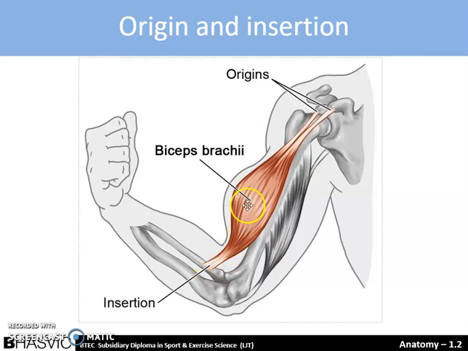So this point is where the muscle moves. The origin up here, the two heads of the biceps brachii, are the point of fixation. So this point is fixed. This joint moves, inserts the motion through the biceps brachii into the insertion point on the muscle.